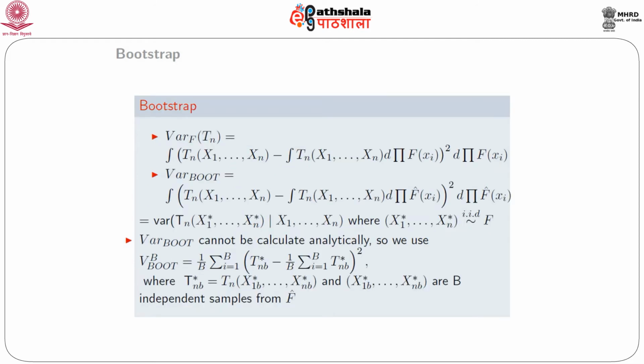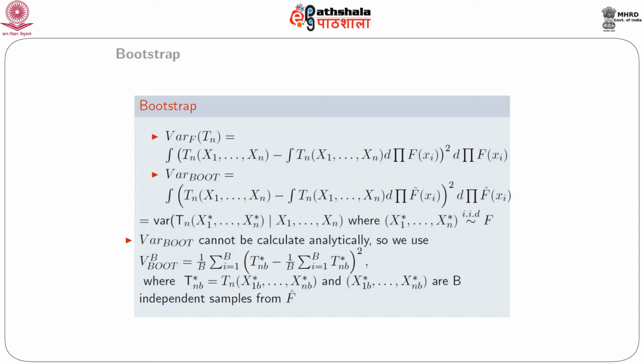Under bootstrap, the variance of T_n, assuming that the distribution function is F, can be calculated as the integral of (T_n(x1 to xn) minus the integral of that same function T_n(x1 to xn) over the product of dF(xi)) whole square, and this overall is integrated over the product of dF(xi).